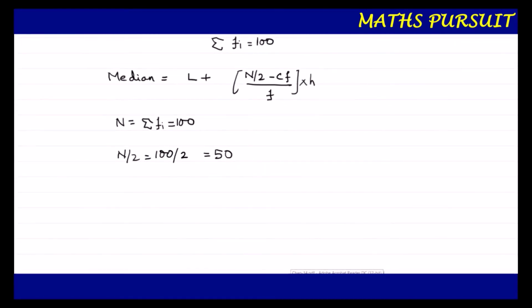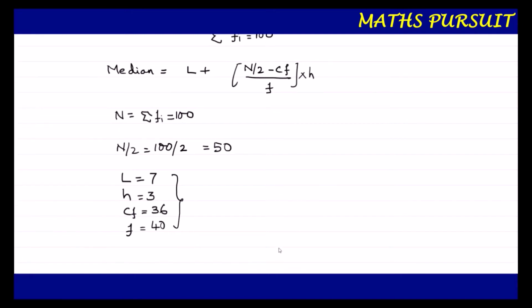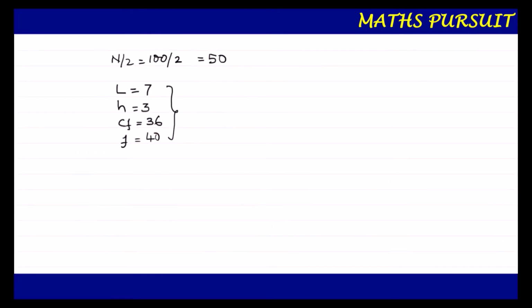But before finding out the median, we should not move ahead directly. We should note down what we got. L is equal to 7, and we know H is equal to 3. We got n by 2, L, H, cumulative frequency which is 36, and frequency which is 40. With these in hand, we can easily calculate our median.